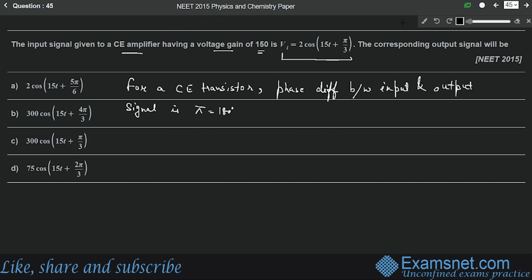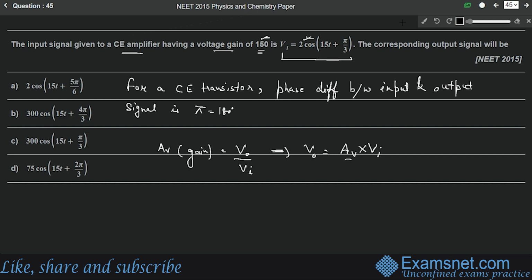Now here input signal is given, voltage gain is given, we have to find the output signal. So we know that the voltage gain is equal to output voltage divided by the input voltage. We have to find the output voltage, so output will be equal to voltage gain into the input voltage.